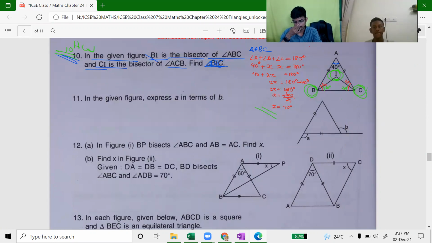In the given figure, express A in terms of B. Can you tell me what they have asked us? Express A in terms of B. We should express A and B as the same.